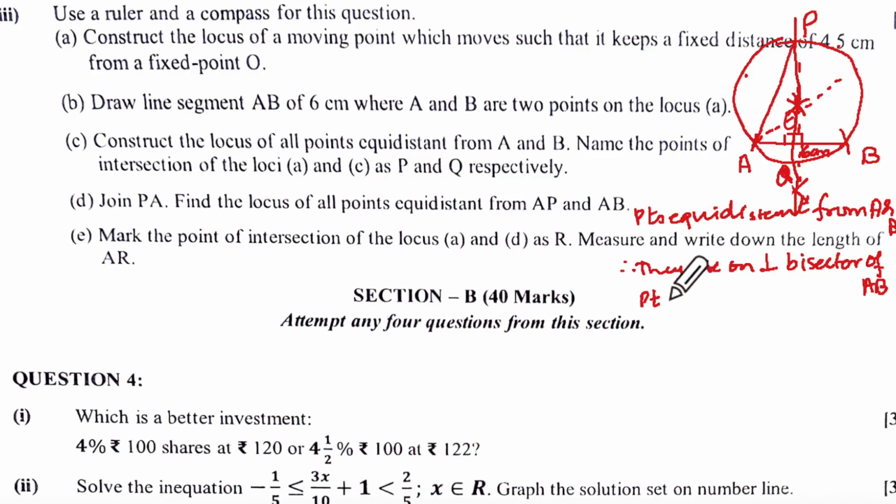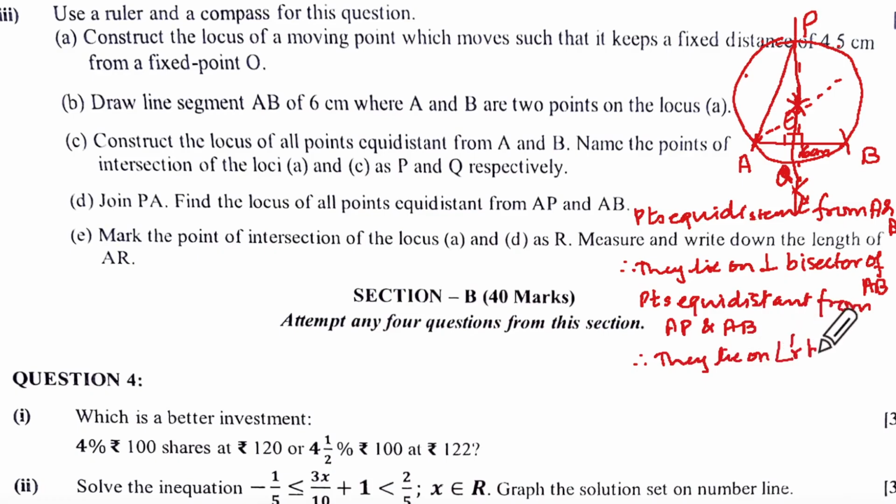Points equidistant from AP and AB, therefore they lie on the angular bisector of which angle? Correct?